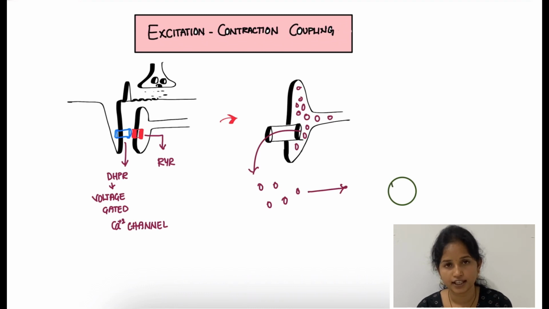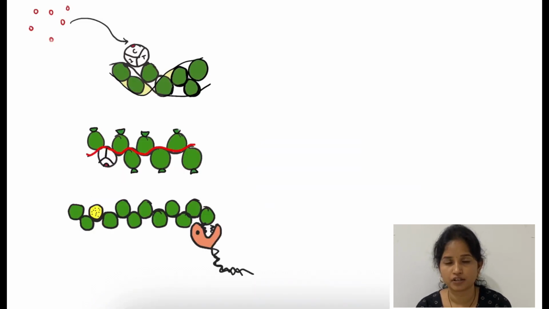Contraction coupling is also called the walk along or sliding filament theory. We will see how it is happening, what is sliding and what is walking. Now the active sites of the actin filaments, as we already discussed, are covered by tropomyosin. In order to uncover the active sites, the troponin C should be activated by calcium.